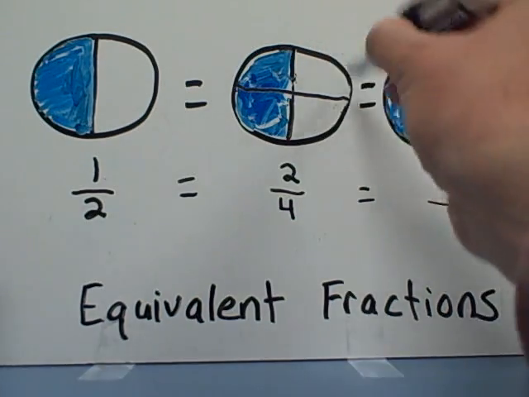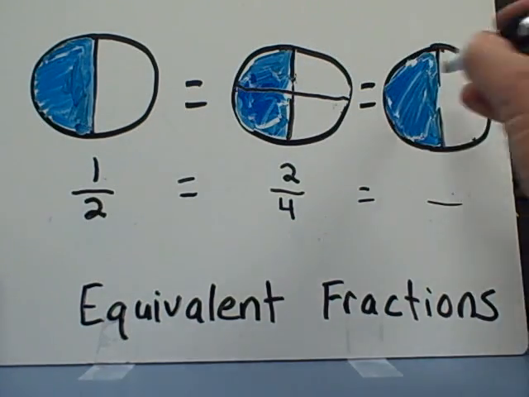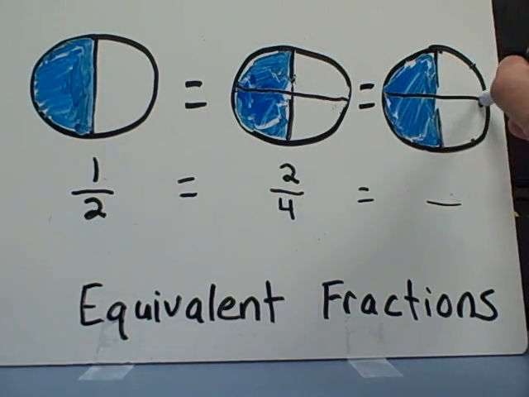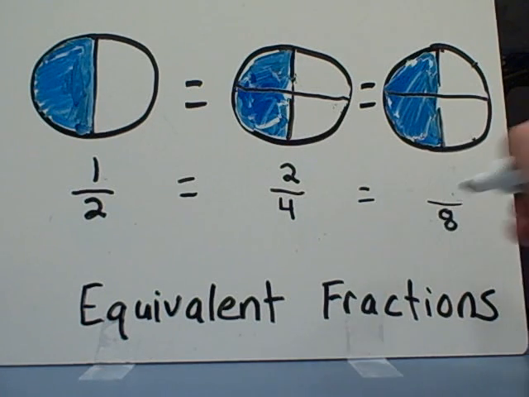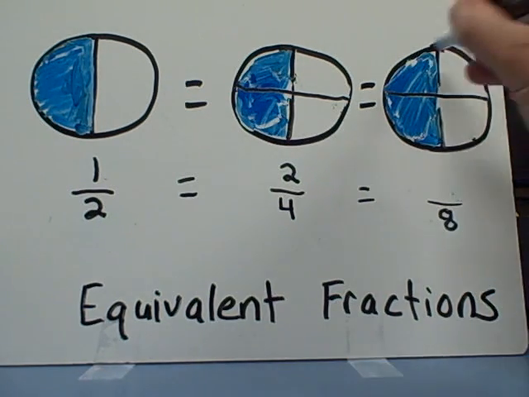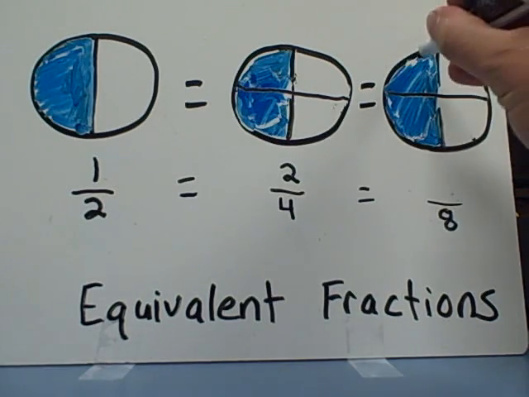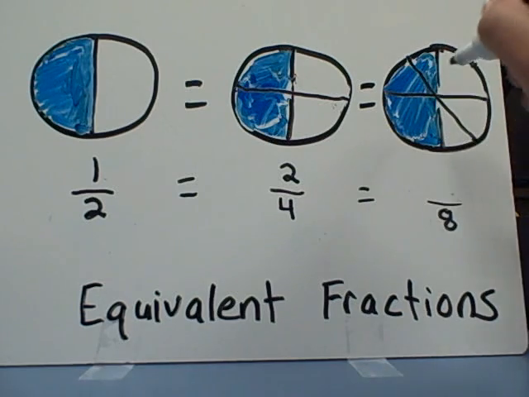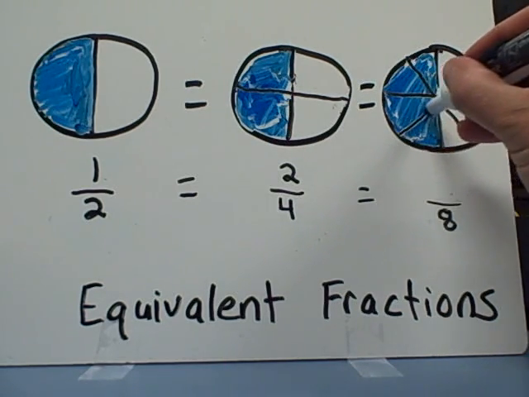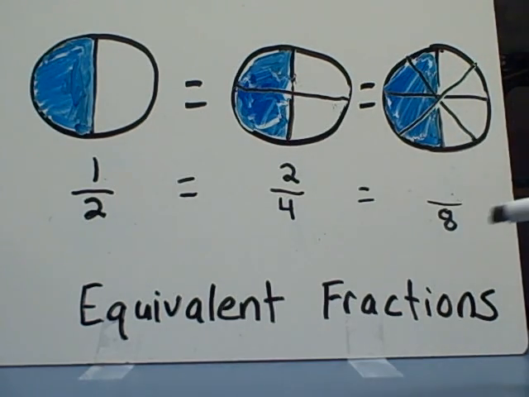Now, instead of 4 equal parts for this one, we're going to change it to 8 parts to make up the whole, so 1/8. And here's how I would change 1/8. I would split every fourth up into a half, into 2 more, so every 1/4 piece I'm going to double.